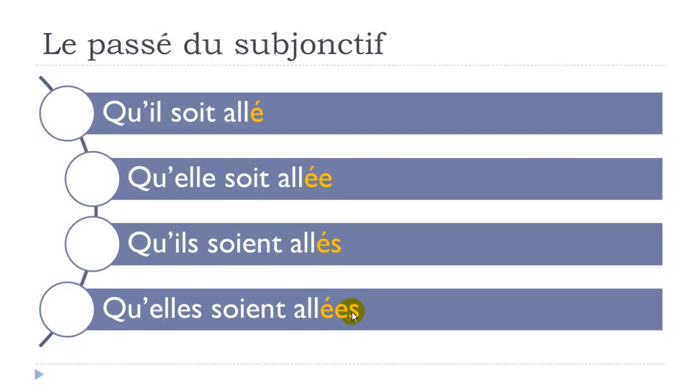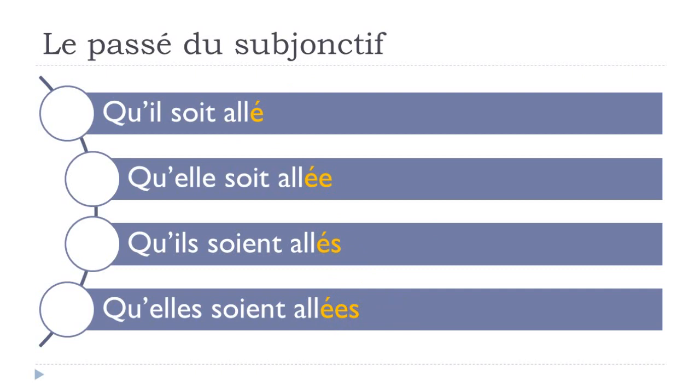The good thing, as usual in French, is you will pronounce it allé, allée, allés, and allées. So technically you don't pronounce the final s, and you don't pronounce the final es, but still you should write them.